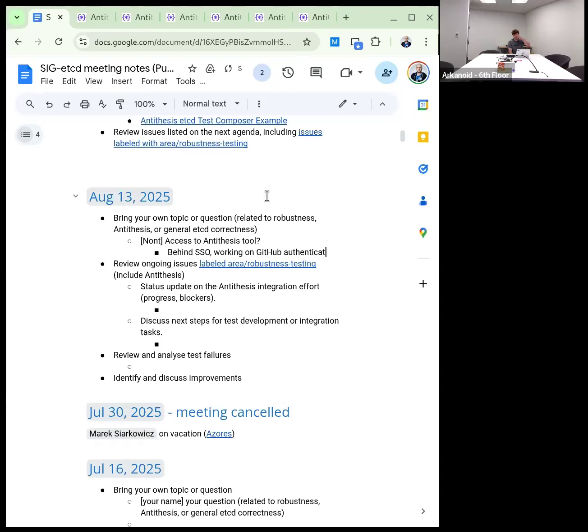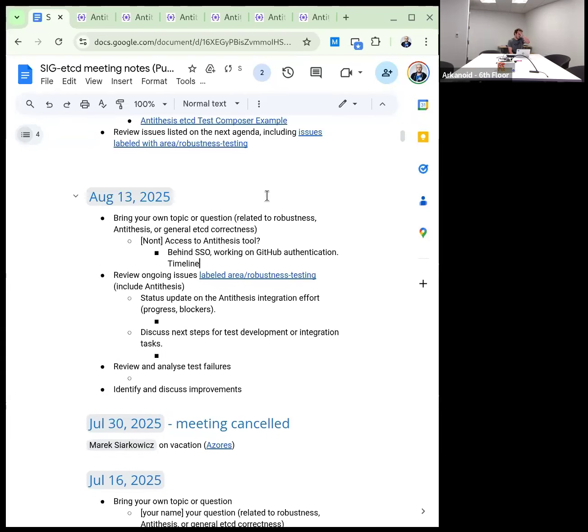For a timeline on the GitHub auth, I would guess probably a month from the engineering team. We would be able to authenticate customers from GitHub auth. If that is the case, then we could give you guys access to the multiverse debugger.